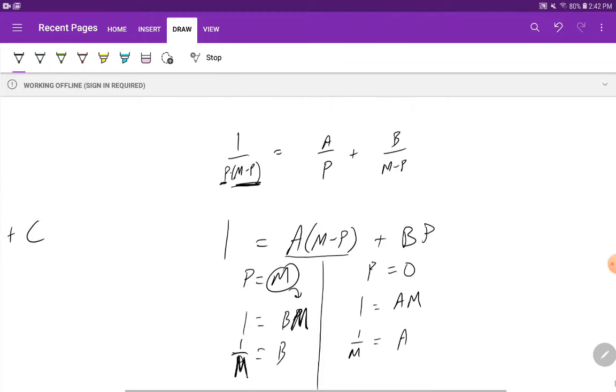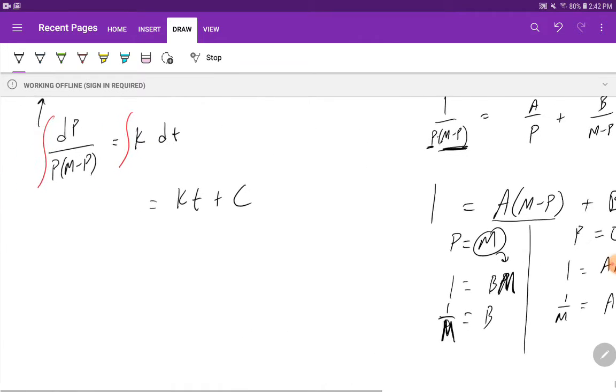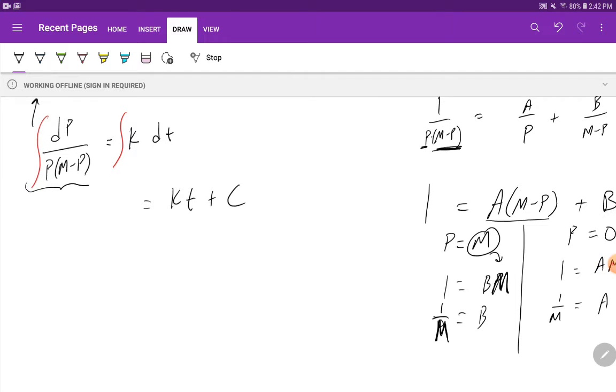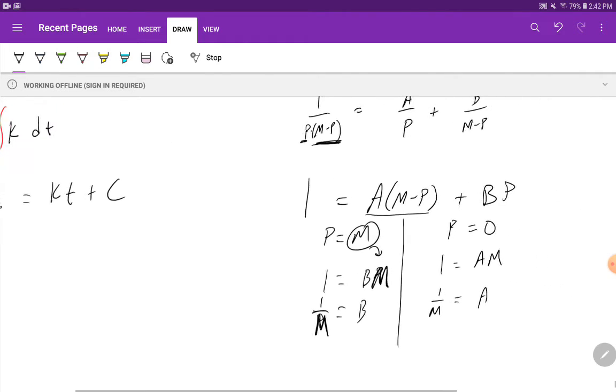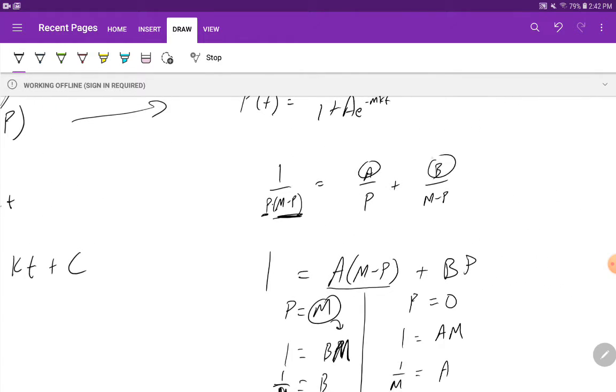So if we go back to our integral, I can rewrite this as two pieces. It's going to be 1 over m times the integral of dp over p, plus another 1 over m times the integral of dp over m minus p. All I did was rewrite using the proper a and b values.